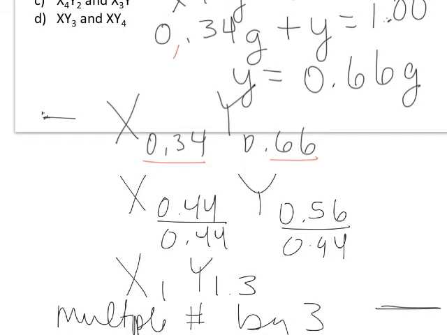This works out to be X 1 times 3 is 3, and Y 3 times 1.3 is 4. We already said that X2, Y4 is good for compound 1, and as you can see, X3, Y4 is good for compound 2. So the answer is B.